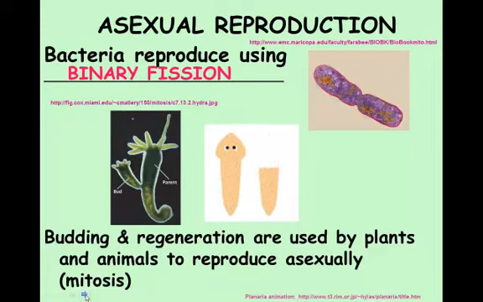Budding from plants is a kind of asexual reproduction. Some kinds of animals can do it. We talked about that little flatworm growing back a whole organism from the pieces. That's called regeneration. All of those are kinds of asexual reproduction because we're making new organisms from the genetic code from just one parent organism.